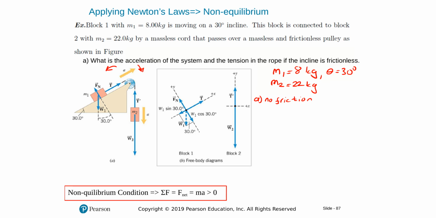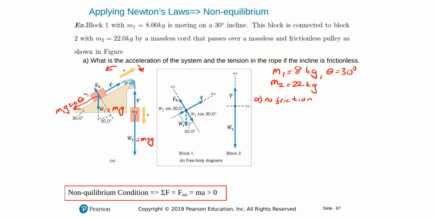So we have to find those forces. What are those forces? We have weight 2 here, that's M2G. We have weight 1 here, this is M1G. And we know always, if we have an incline, the component along the incline of the weight, which is M1G in this case, is times sine theta.